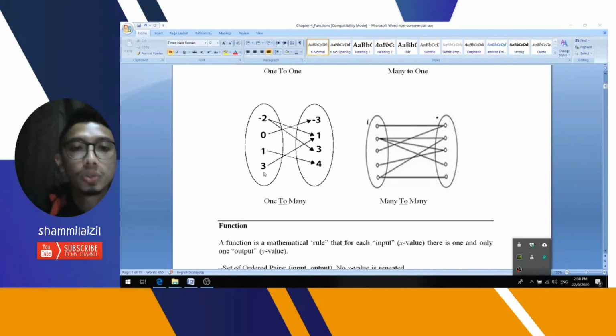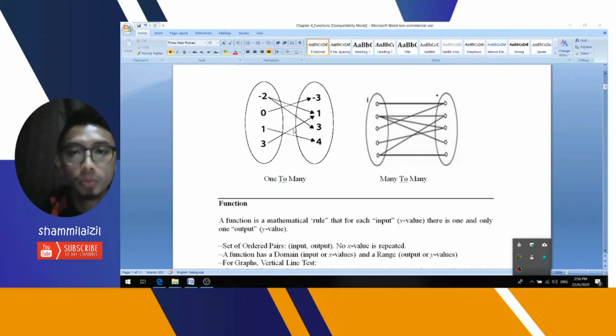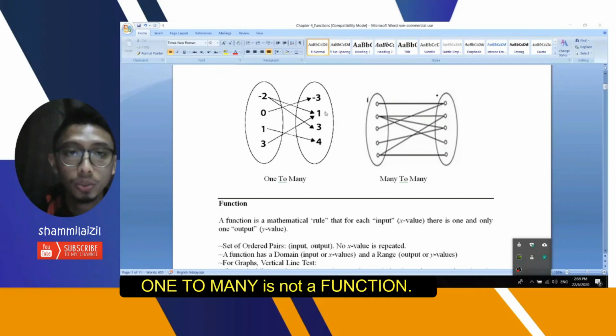Alright, take a look at one to many and many to many. One to many, -2 maps to 1 and 3. As I told you before, the keyword of function is that each x maps to a single y only. So that's why this one to many relation is not a function.